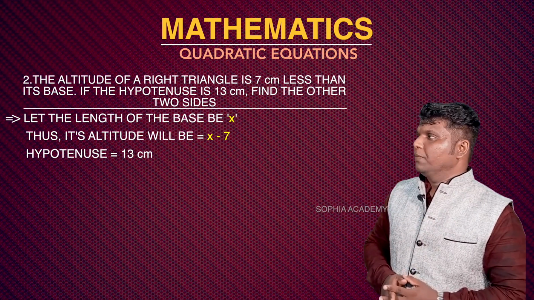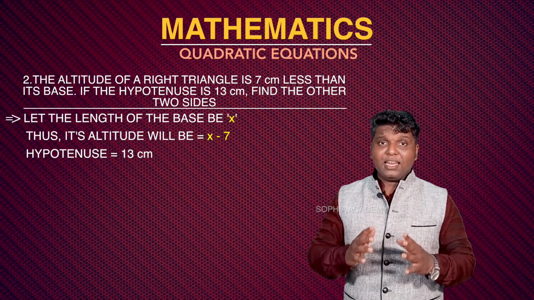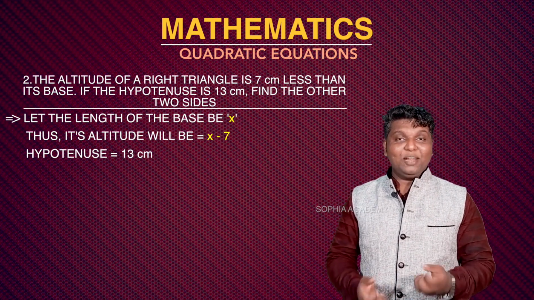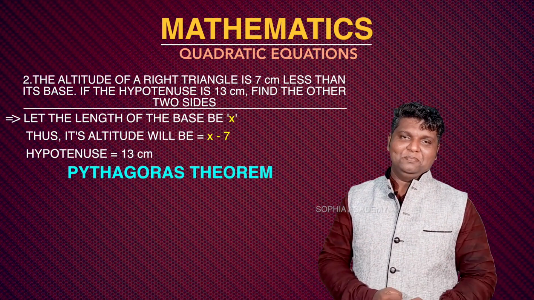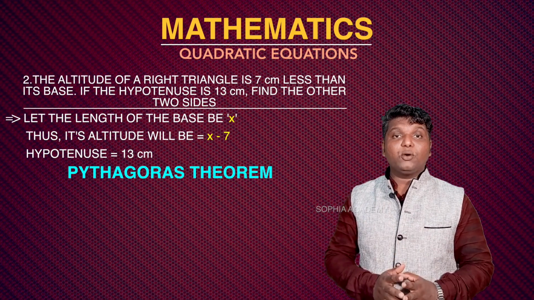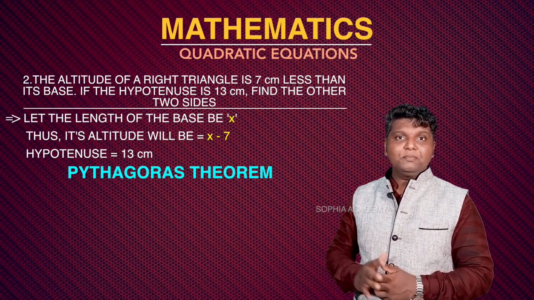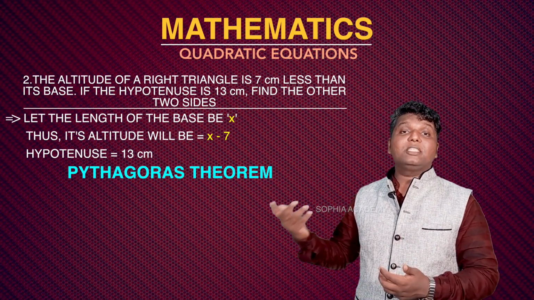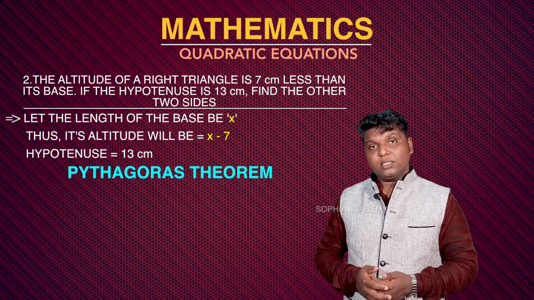Now, whenever you hear about a right angle triangle, what comes into your mind? Exactly, the Pythagoras theorem. The application of the Pythagoras theorem is inside a right angle triangle only. That's why we can apply it here. What is the Pythagoras theorem?